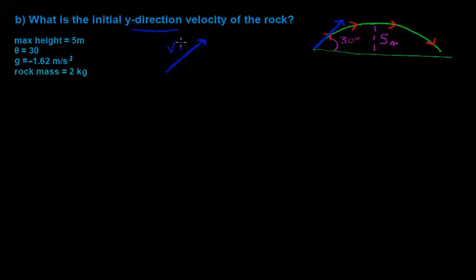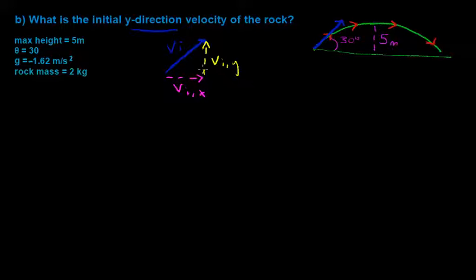So if this vector here is our initial velocity, we need to split it up into its x and y components. So we have here the initial velocity in the y direction, and as well down here the x direction of our initial velocity.